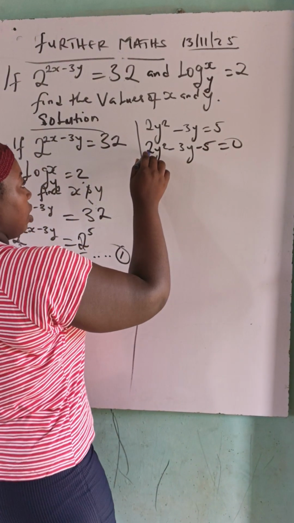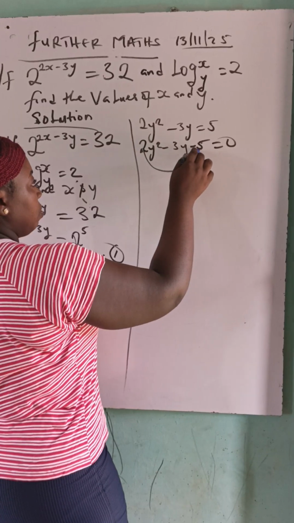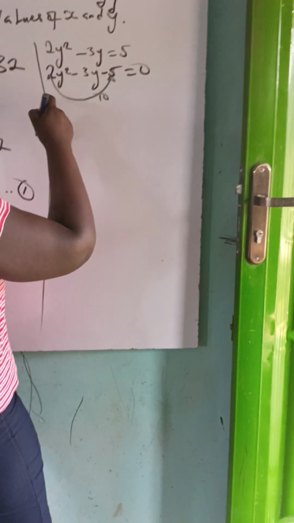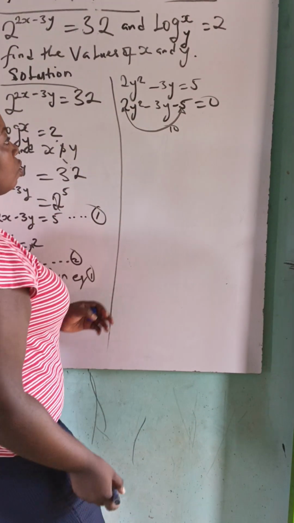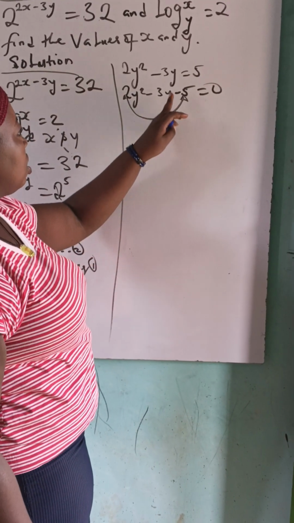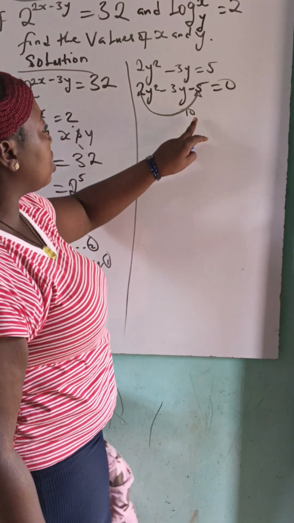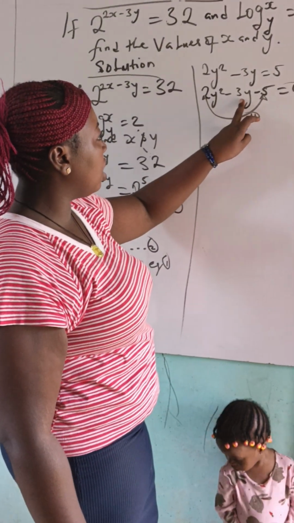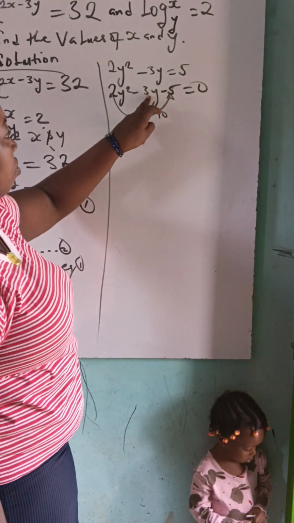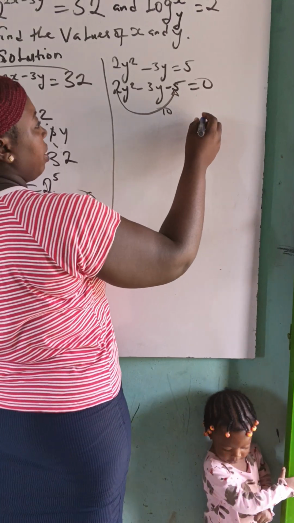So we are going to look for two numbers that multiply to give us 10, that is 2 times 5, and when we add them together give us 3. What numbers are those?